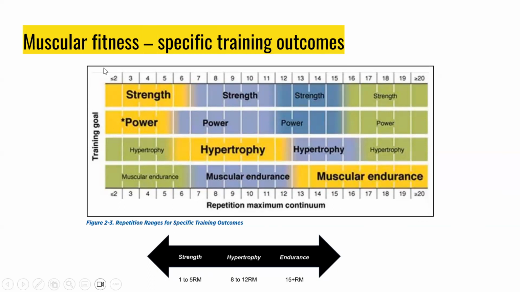Okay, so repetition range is low, but the intensity, and the way that we measure that with resistance training is a percentage of 1 rep max, that percentage is going to be very high, right? The reason why is because that intensity, that weight that I put, for instance, on the barbell is going to be very high, right? Very heavy.